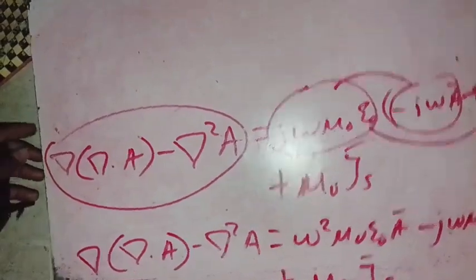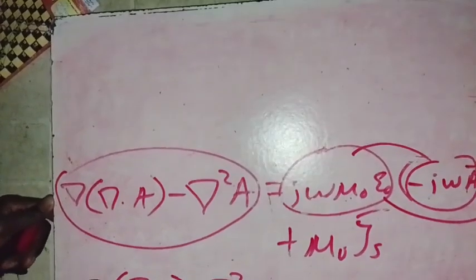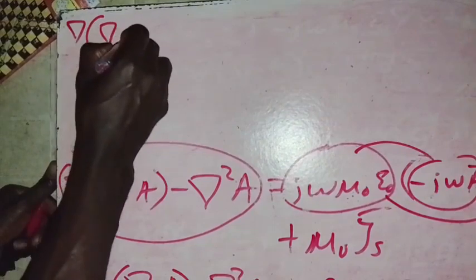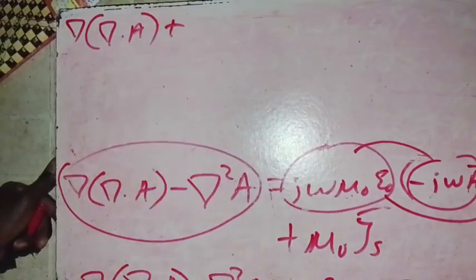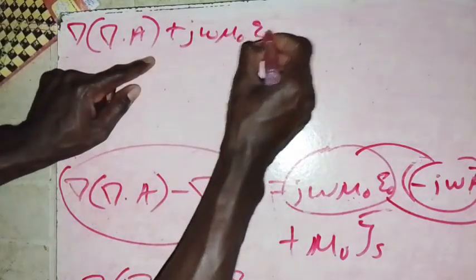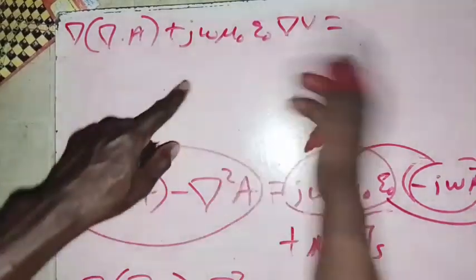Okay, so we'll now have what? This. Then the ones with the gradient, when it comes this way, become positive. So our Laplacian is now this way.